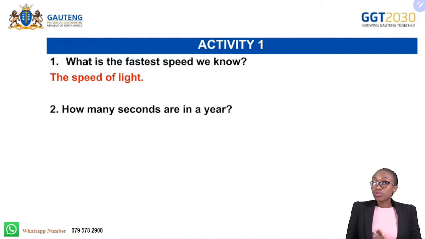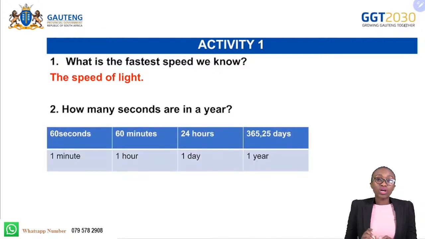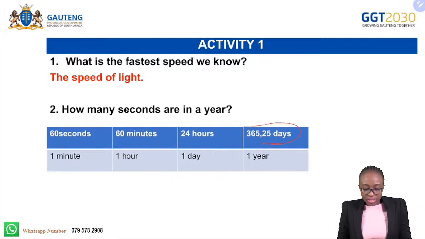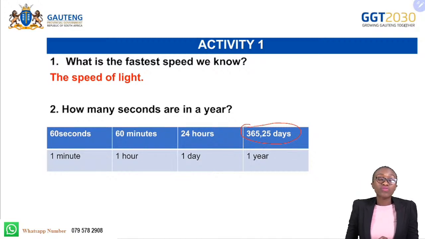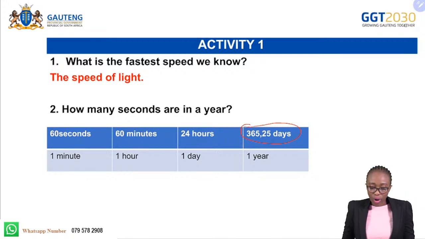So, there's a two-step way in which you can do this solution. We need to calculate how much time we have in a year. We have 365.25 days in a year. So that's 365 and a quarter days in 1 year.